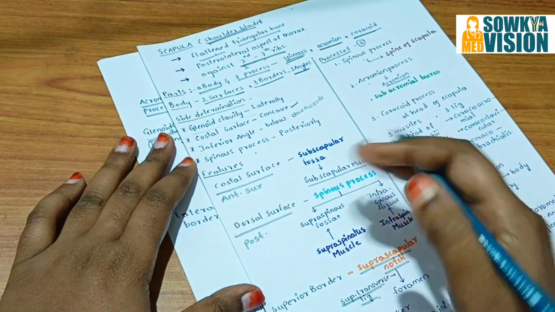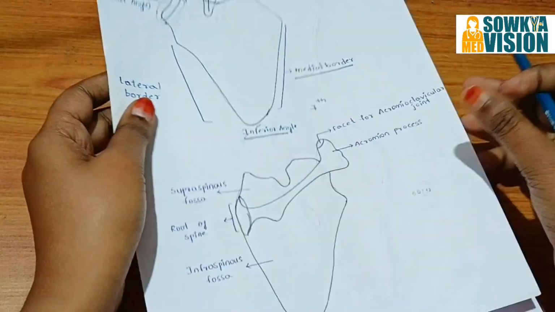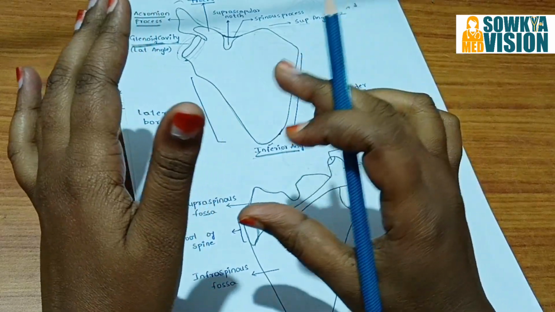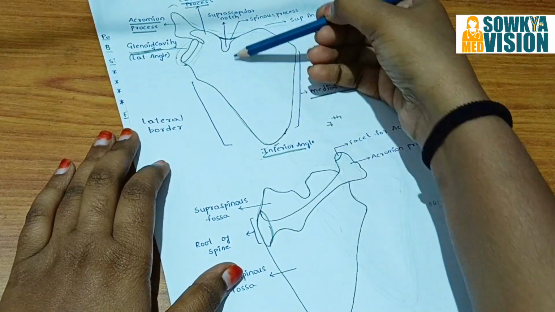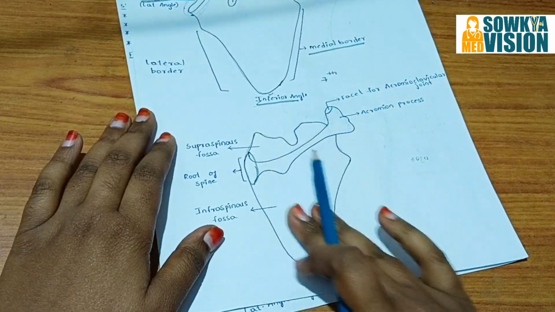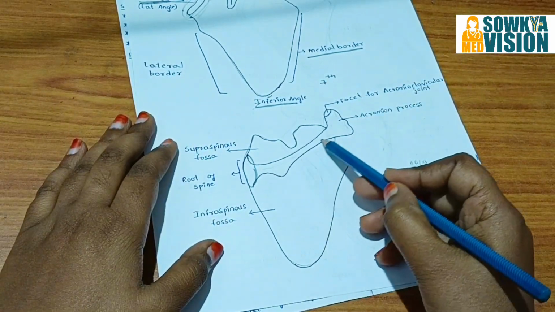Now, the spinous process. What is the spinous process? The spinous process is a process of the scapula presented on the dorsal surface. This is the anterior view, that is, the costal surface. This is the dorsal view, presented posteriorly, containing a process.